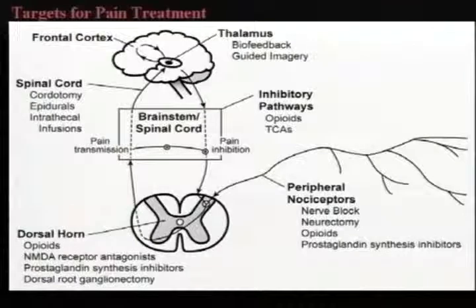So the targets for some of these injections are illustrated on this slide, and they range from a peripheral nerve, so nerve blocks, which are the most obvious, say a sciatic nerve block, an occipital nerve block for occipital head pain, median nerve branch blocks in the spine that can help reduce axial lumbar pain, to the dorsal horn or the spinal cord area, where we might target that area with intrathecal agents, for example, morphine or bupivacaine, or spinal cord stimulation that can help modulate processing at the level of the spinal cord.